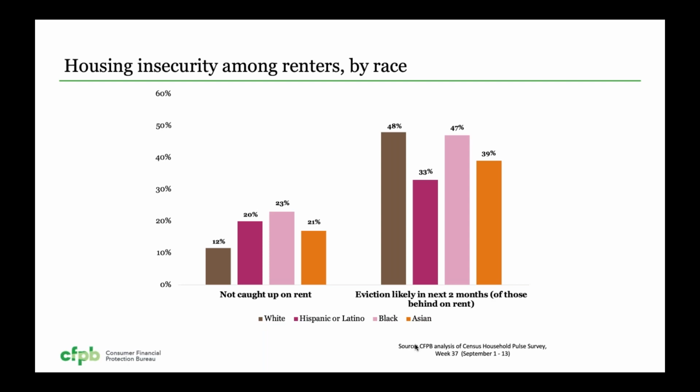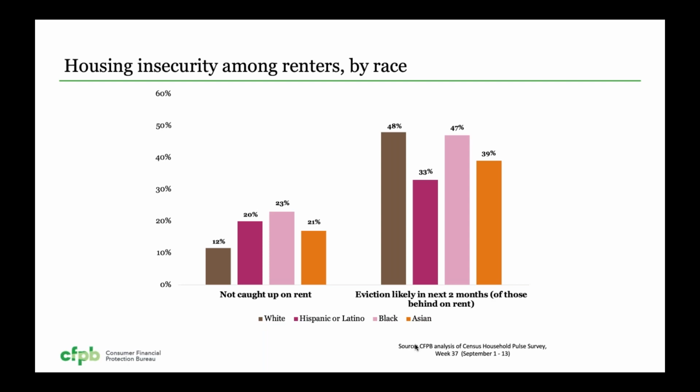Then there's this, which was talking about insecurity among renters by race. It compares folks who are not caught up on rent in general versus folks where eviction is actually likely in the next 2 months, and the percentage of those who are behind on rent.